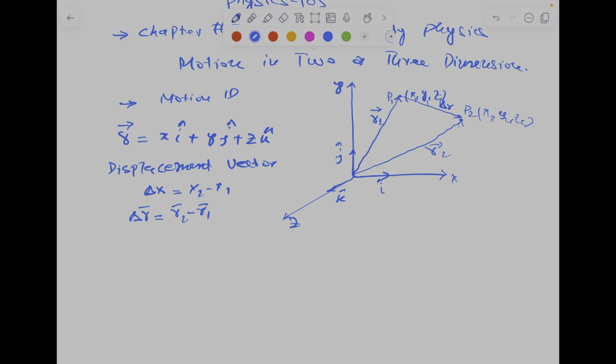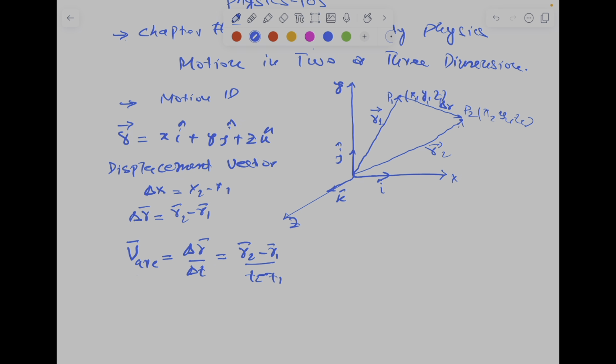Now, what is the average velocity? The average velocity is the displacement divided by the time interval between the 2 points. So your v average is defined as the time rate of change of displacement, which is nothing but r2 minus r1 over t2 minus t1. Same as in 1D, where we have x2 minus x1 over t2 minus t1.